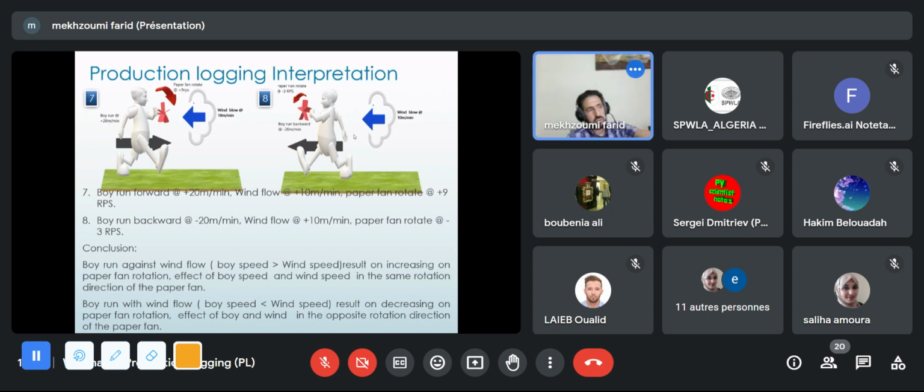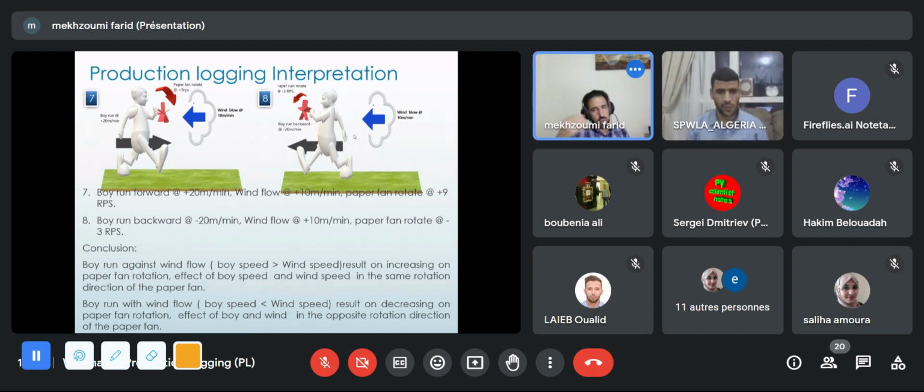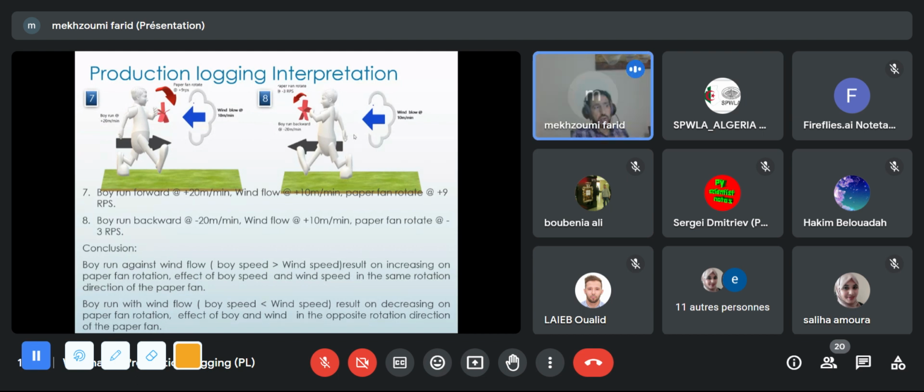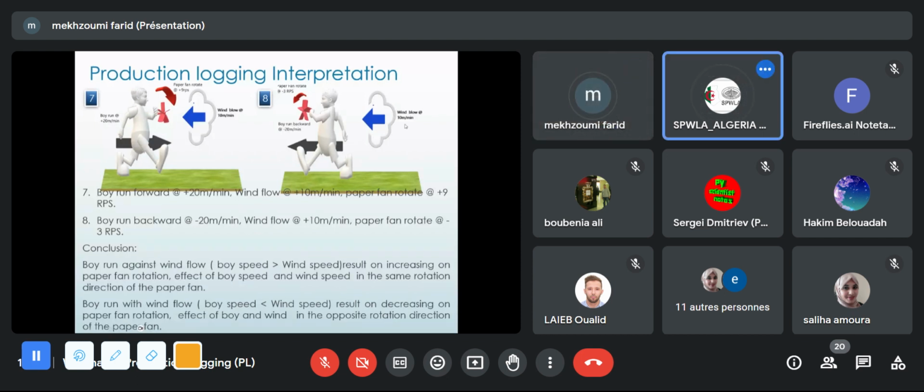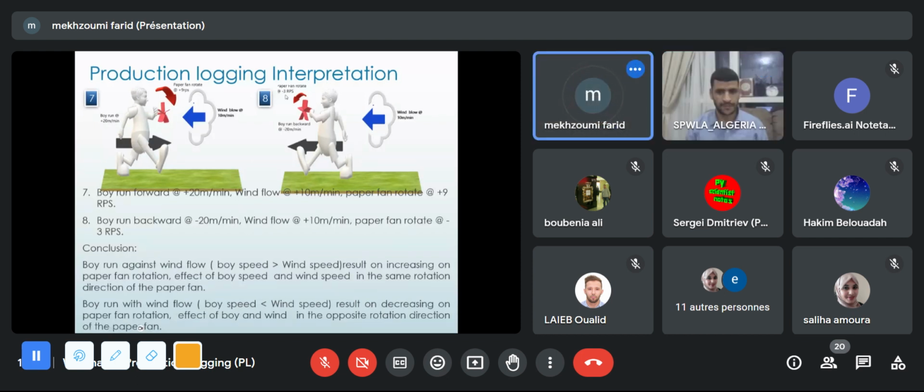It means when the buoy is moving forward, he tries to rotate the paper fan in the negative side, but the wind in the positive side. So we can get a positive value when the wind flow is more. Let's say, for example, here I have 30 meters per minute. With 30 meters per minute, now I get 3 RPS, plus 3. It's rotating the other side.